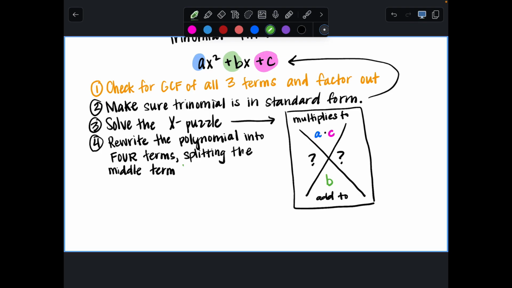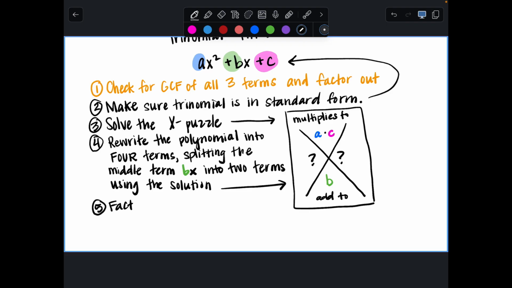Okay, so you're taking the bx term, the middle term, and splitting it into 2 based on the 2 numbers you get from your x puzzle. Then you factor by grouping, which we did yesterday.